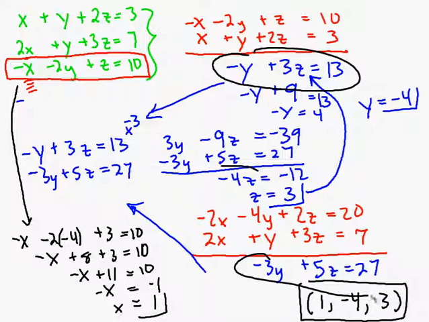Doesn't matter which one. After I get one number, I don't necessarily go all the way back to the beginning. I go back to one of the half steps, because you need to be able to solve for a number.